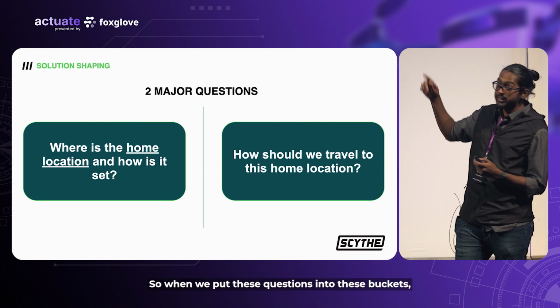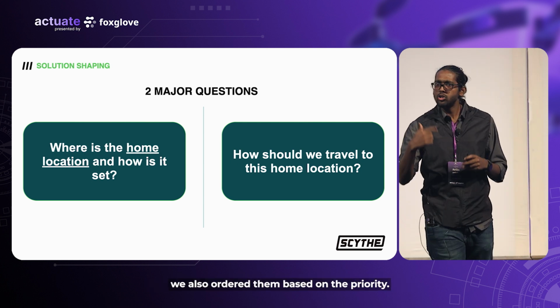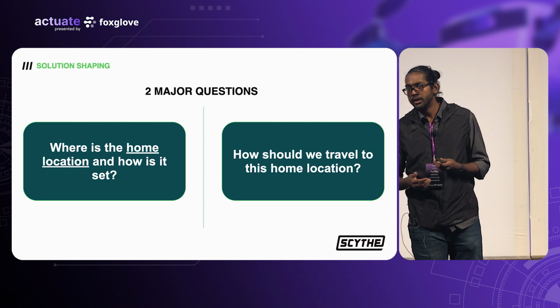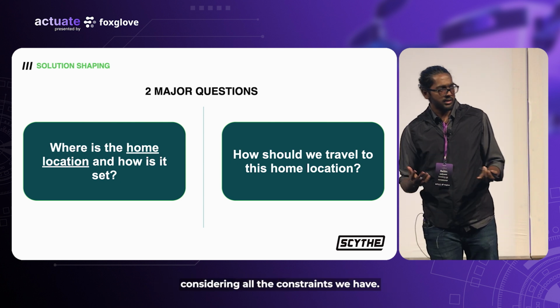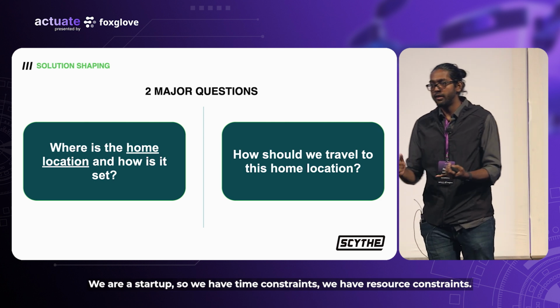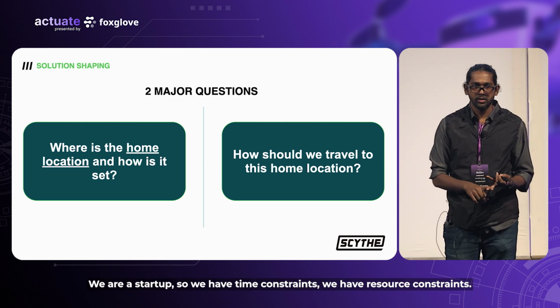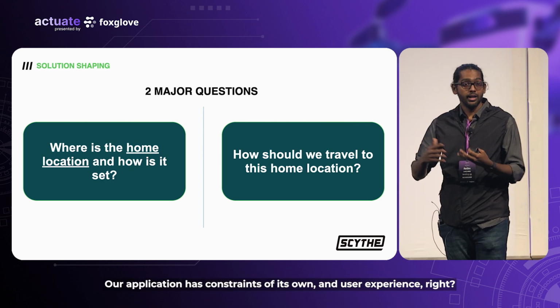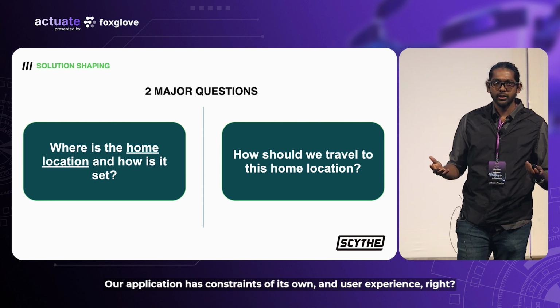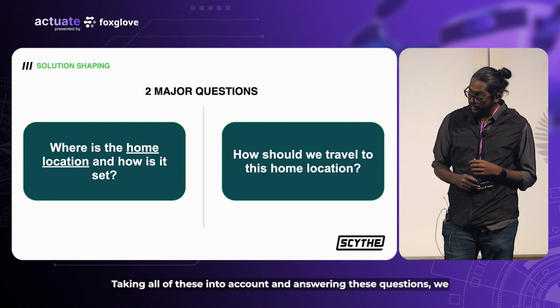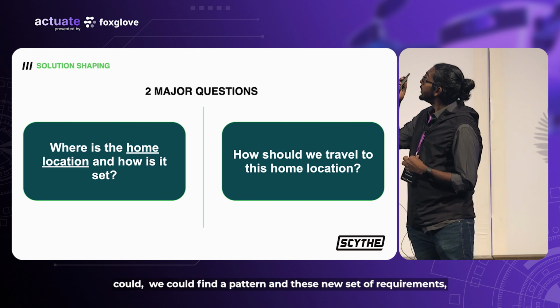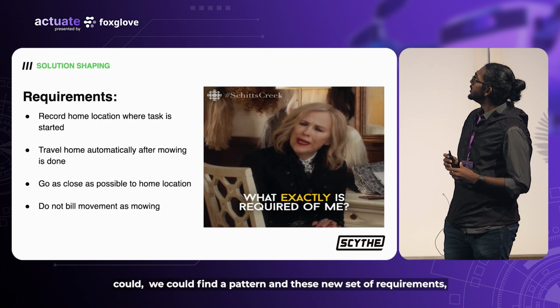When we put these questions into buckets, we also ordered them based on priority, and we address the most important questions considering all the constraints we have. We are a startup, so we have time constraints. We have resource constraints. Our application has constraints of its own, and user experience, right?